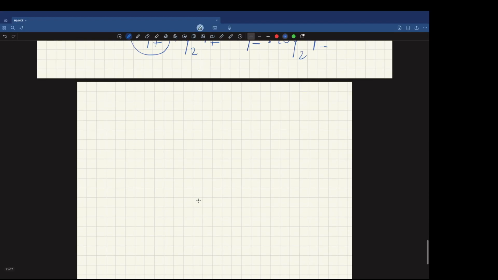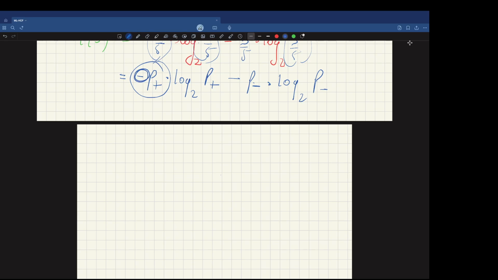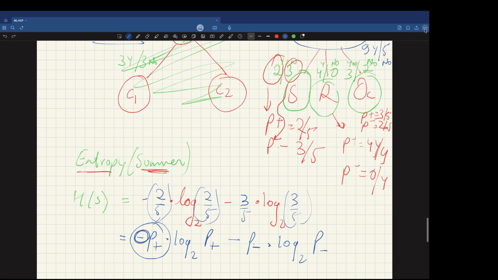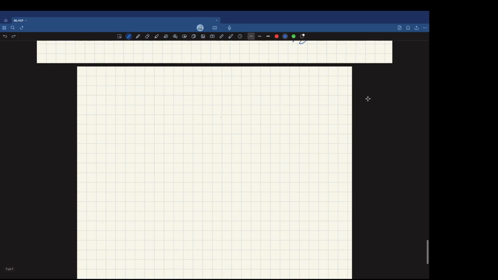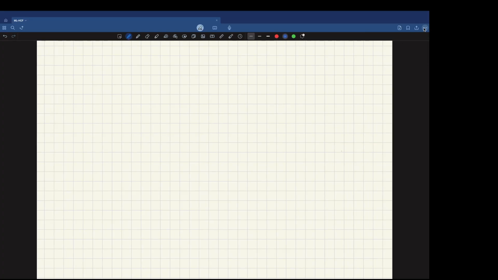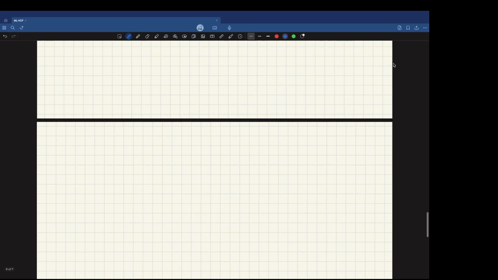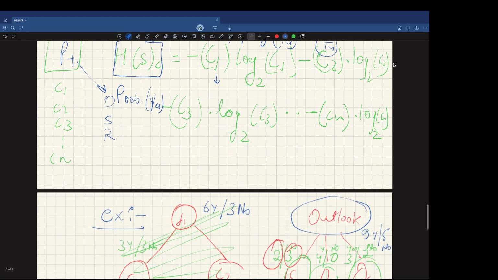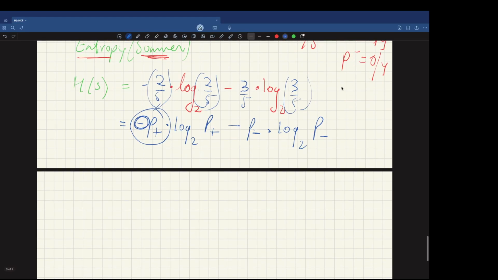Come on, guys, calculate the value. Anybody? I want this answer. What is the value for this? Or should I calculate? Do you want me to calculate, guys, or can you do it?